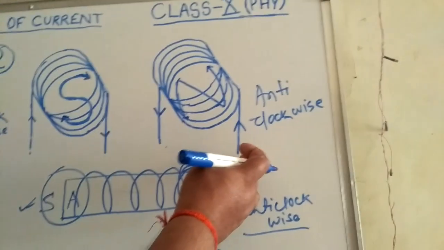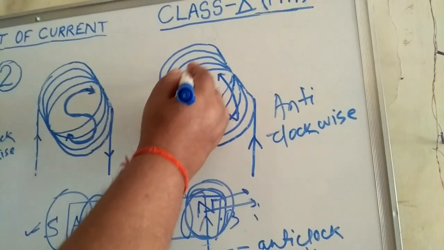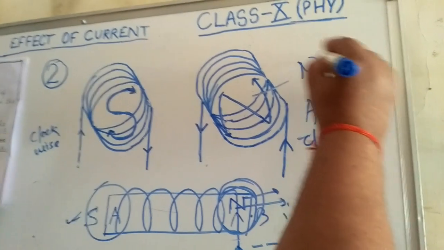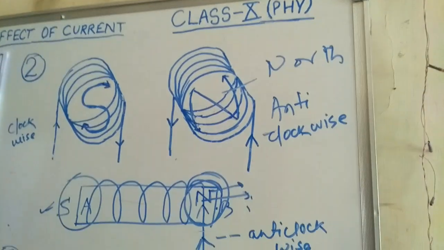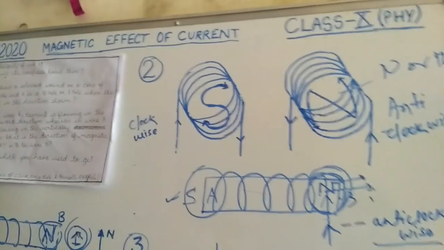Likewise here, the current flows in an anti-clockwise direction, so the first end of the coil must be the north pole, as the clock face rule states. So this is the second question.